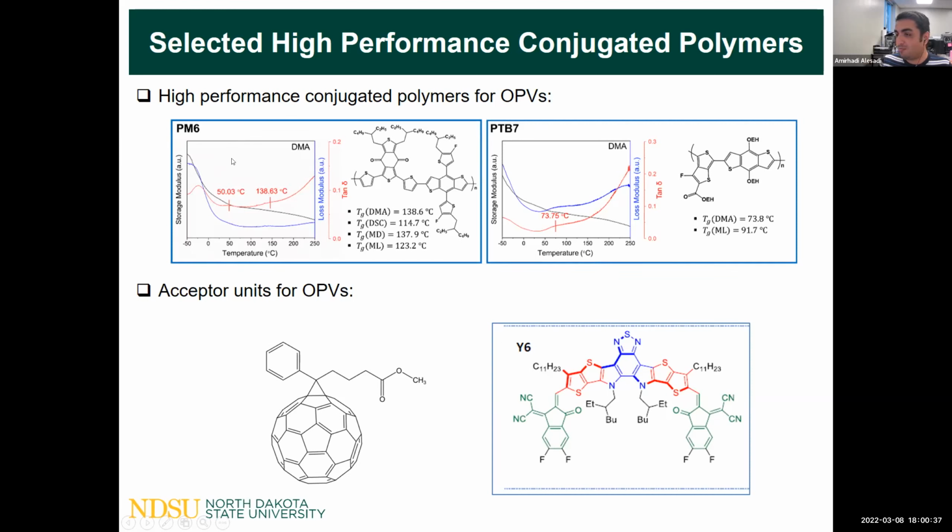So it could be very interesting to take a look through first principle calculation at how charge transfer looks like between these systems, PM6, Y6, PTB7, Y6, and to have a better comparison, I still want to keep the PCBM acceptor to look at the difference between fluorine and non-fluorine acceptors.